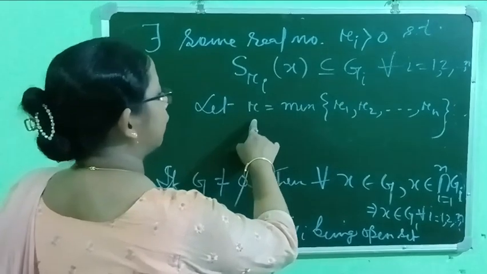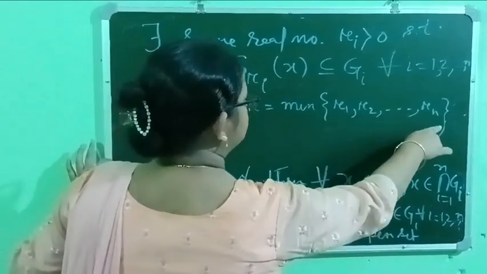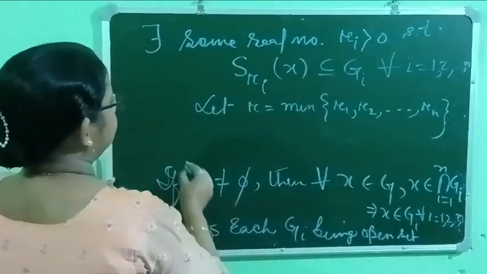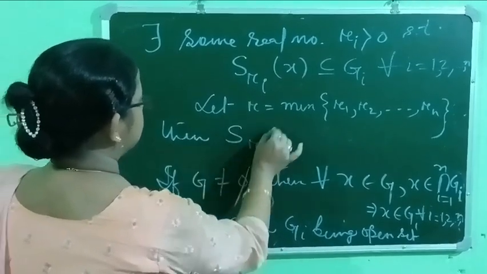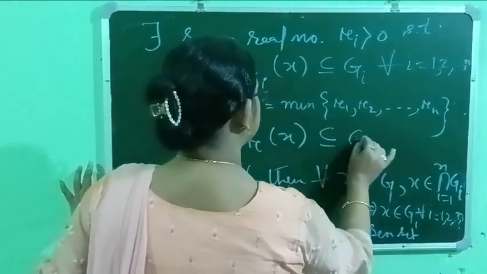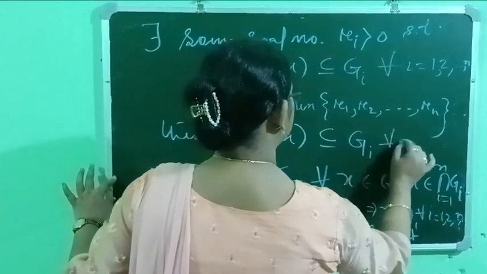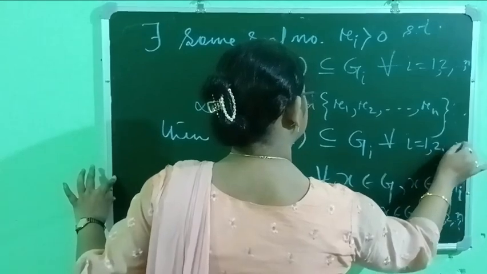If we take r equal to the minimum of these ri's, that is r1, r2 up to rn, then S_r(x) is a subset of Gi for all i from 1 up to n.